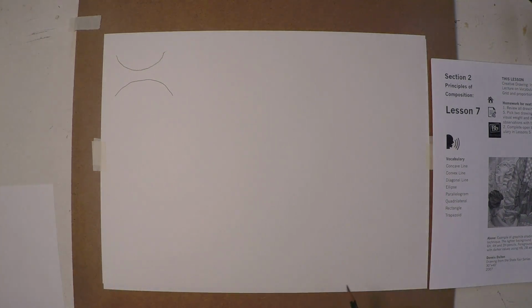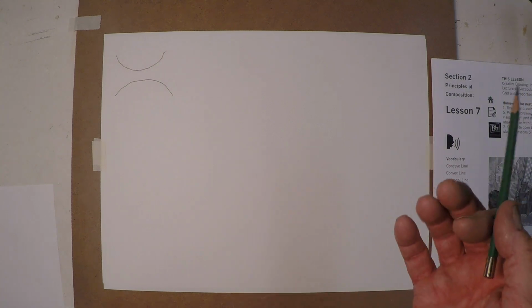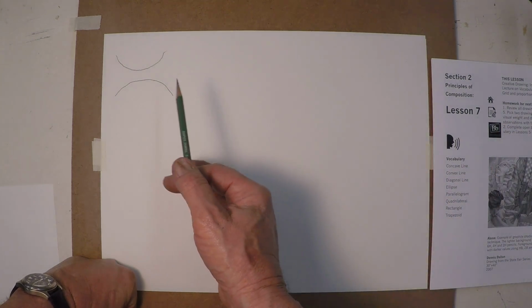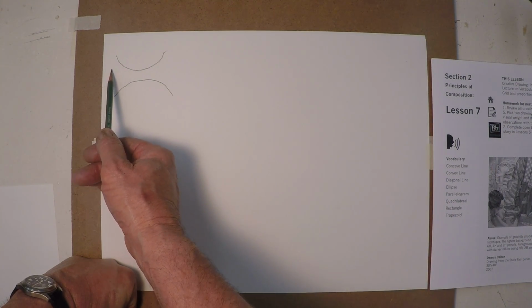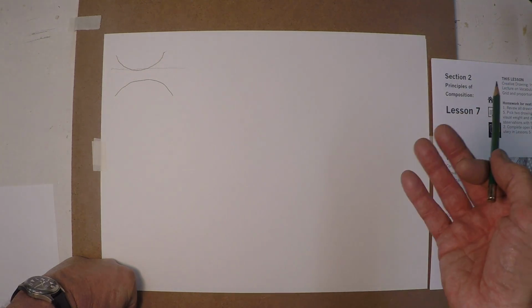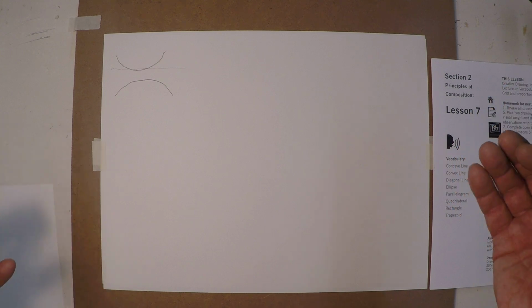One of the things that we describe here is whether something is a stable line. In other words, if you were to imagine this concave line resting on a surface like this, you could almost imagine it being like a ball. And a ball does not have a stable position.